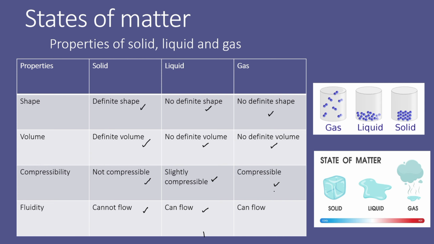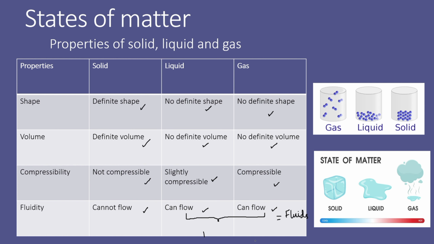In the same way, gases can also flow like liquids, and they spread out. Liquids and gases both can flow. That's the reason gases and liquids are both called fluids, because they can be pumped or poured from one container to another.